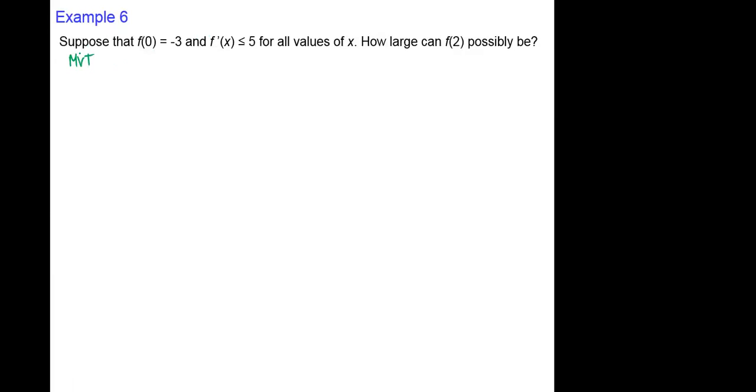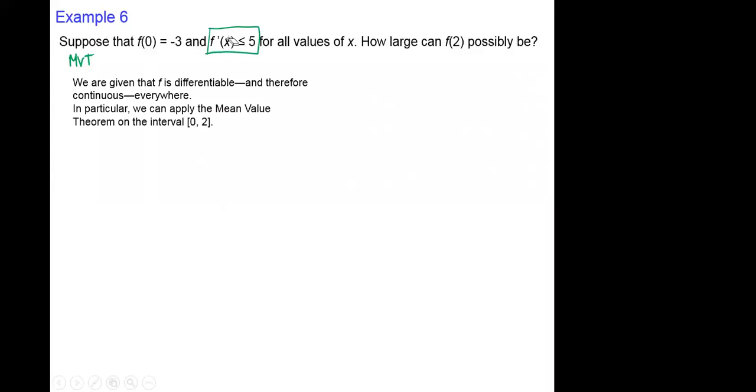Another thing, because for the mean value theorem, I need a function to be continuous and differentiable. But having this information, yeah, derivative is less than or equal to 5 for all of the values of x, which means derivative exists. If derivative exists, function is definitely continuous. Okay, that means I think I type this information.